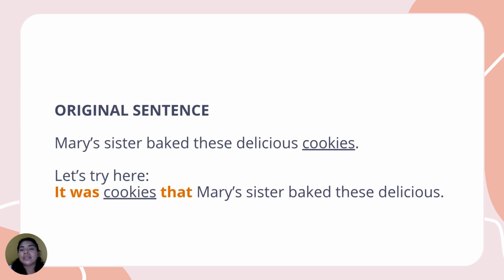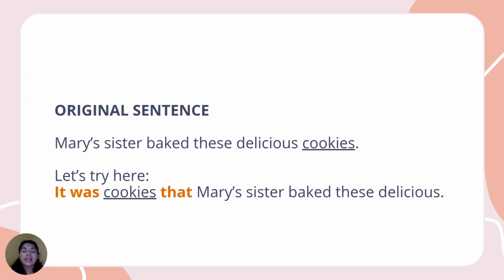Let's see if I underline "cookies." Is "cookies" a constituent in that sentence? Let's try the formula first. It was cookies that Mary's sister baked these delicious. That Mary's sister baked these delicious what?